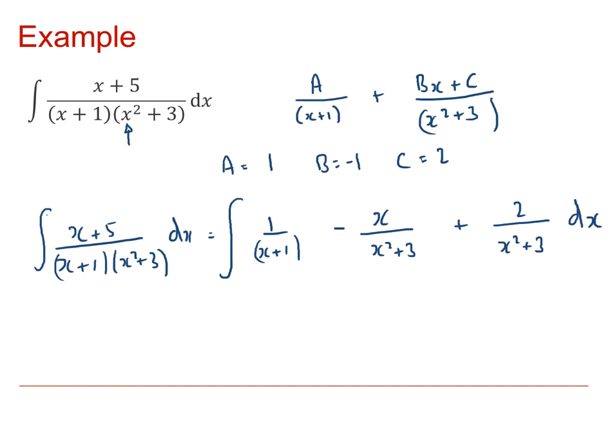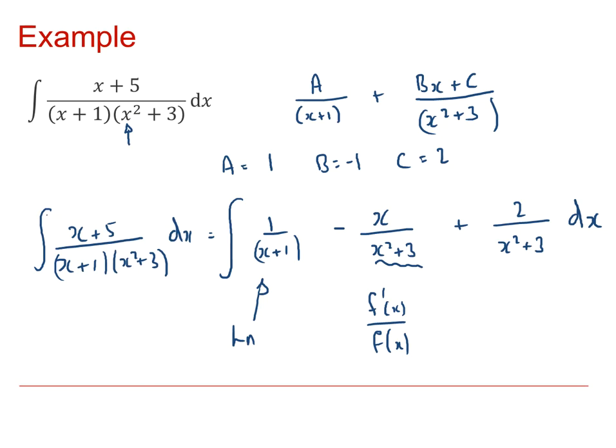Now we can see that we've got three separate parts, all of different nature. This first one here is going to be a log integral. The second one is essentially a form where we've got f dashed x on the top line and f of x on the bottom line. So we're looking for the fact that we can differentiate the bottom line to give us the top line, and we'll look at exactly how we do that in a second.